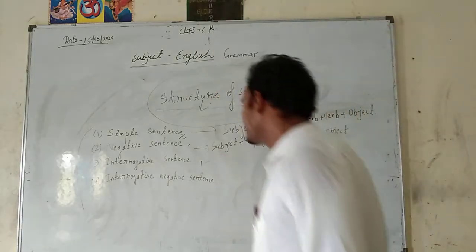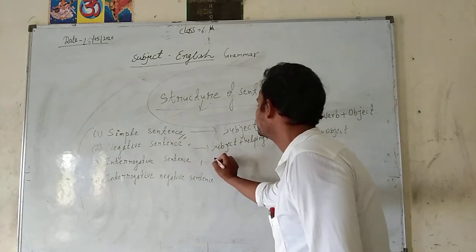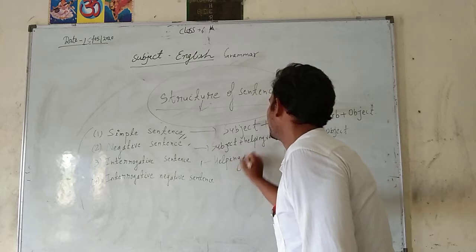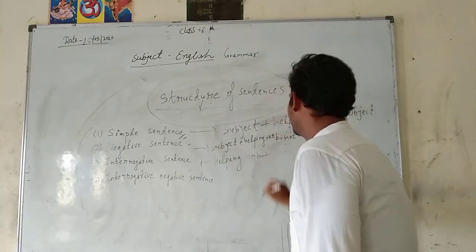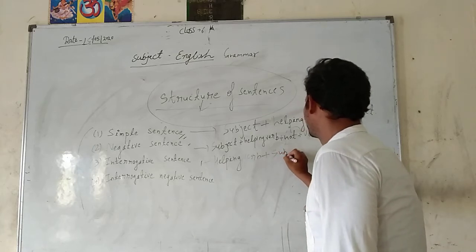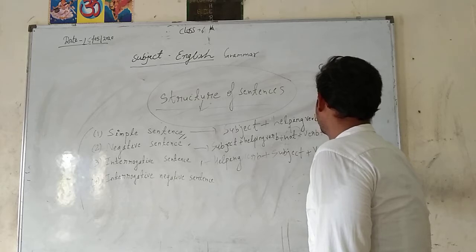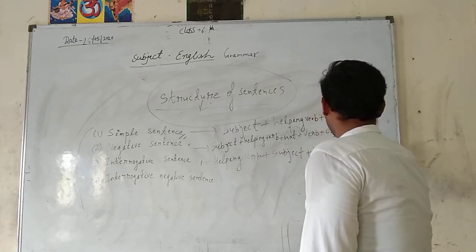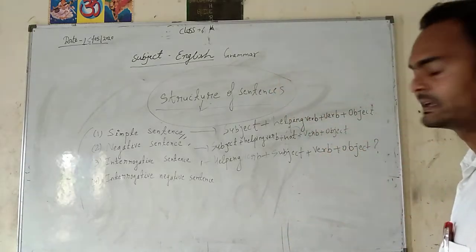Then if we see the interrogative sentence, in an interrogative sentence the helping verb is given at the start of the sentence. Helping verb, then subject, then verb, then object, question mark. Always a question mark should be there.